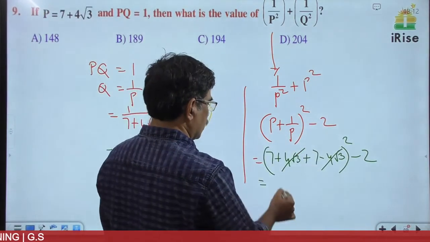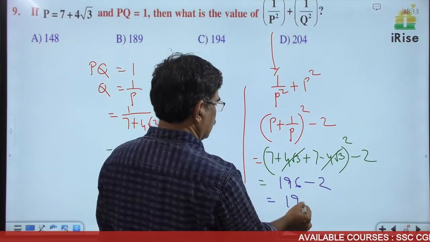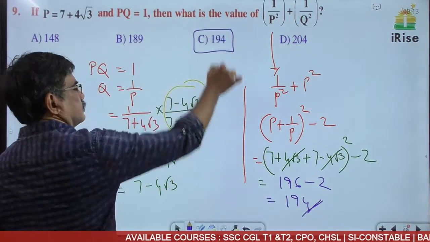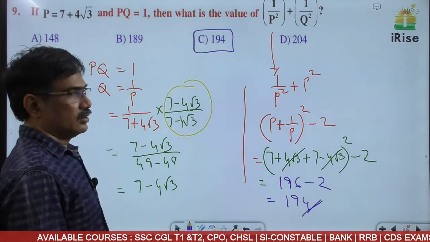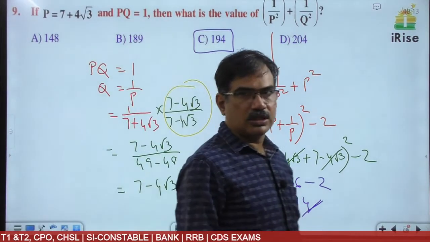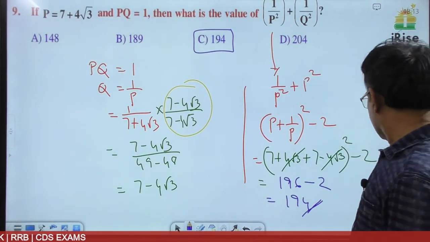What is 14 square? 196 minus 2. The answer is 194. So this is a previous question in CGL. Next question.